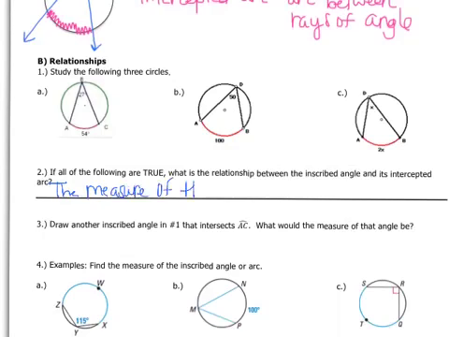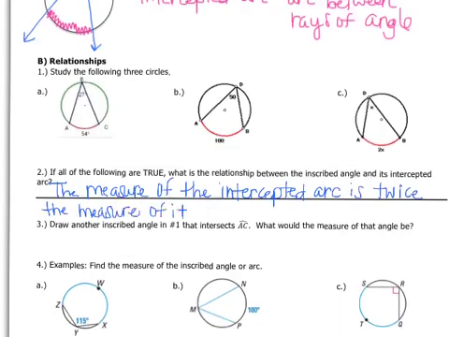The measure of the intercepted arc is twice the measure of its inscribed angle.